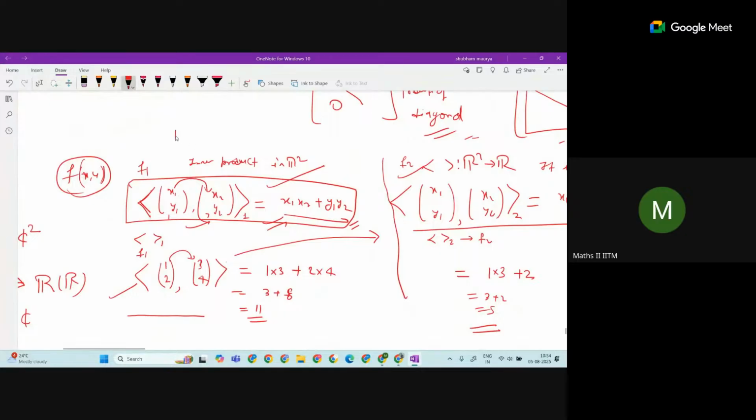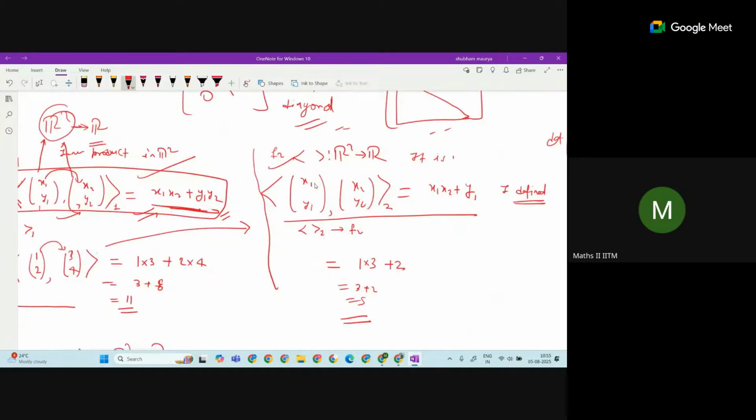This one is also from R2 to R, because here I am taking two vectors for the domain, and the output I am getting is a scalar, which is a real number. Here also I take two vectors and the output is a scalar. So the input domain and output codomain are the same.